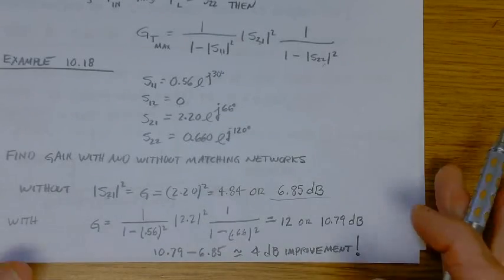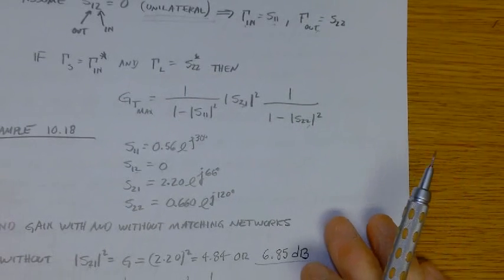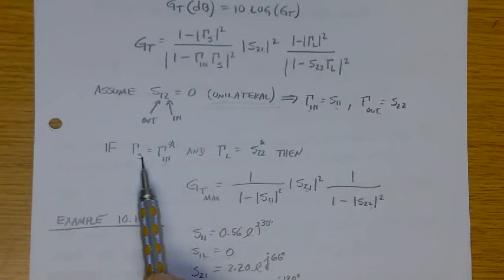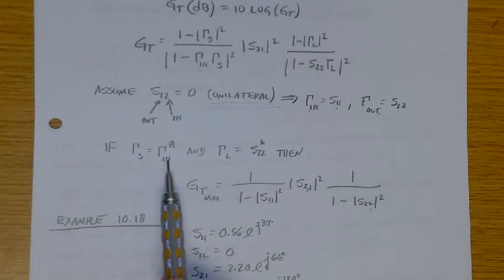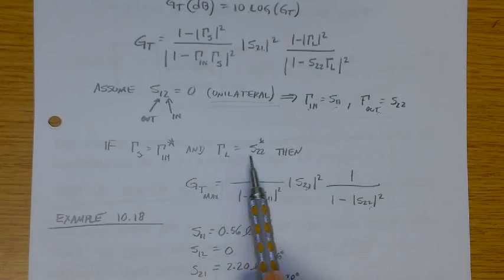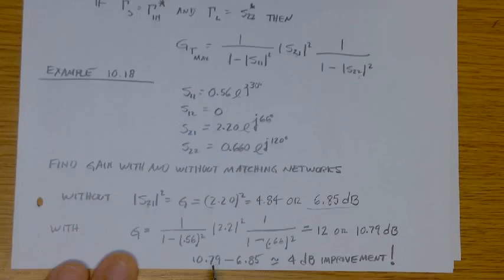But if you go to the effort to build the matching networks, that's going to improve your gain. If you make the source matching network have an input reflection coefficient that is the conjugate of that looking into the transistor, and the input of the load matching network the conjugate of the reflection coefficient looking into the transistor, then your gain is represented this way.